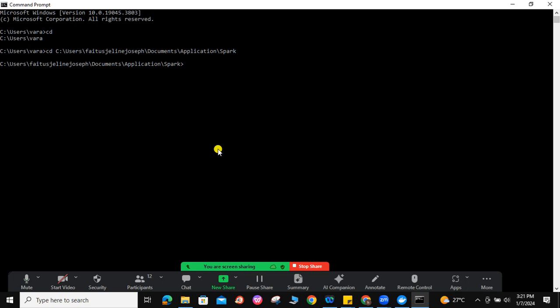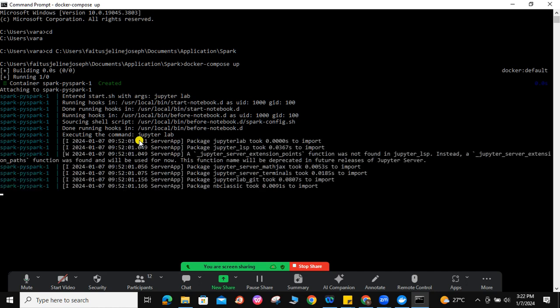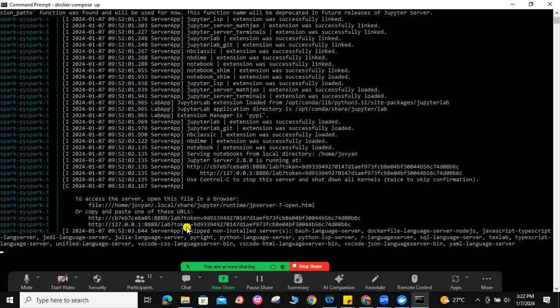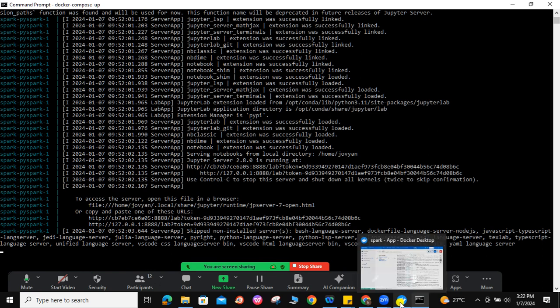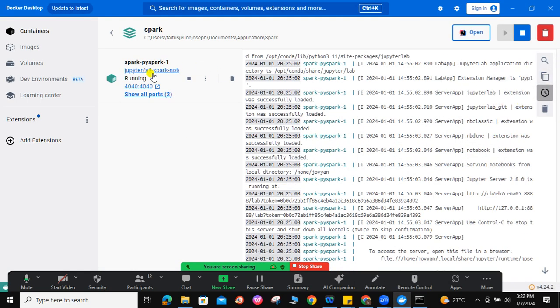So it goes here, and from here you have to give that command, docker compose up. See, now it should work. It executes the command, Jupyter and all these things come. Okay, so to access the server, open the browser. Let me go to Docker also, it will start running.